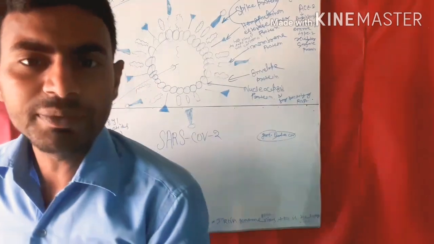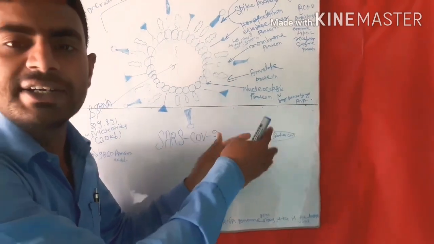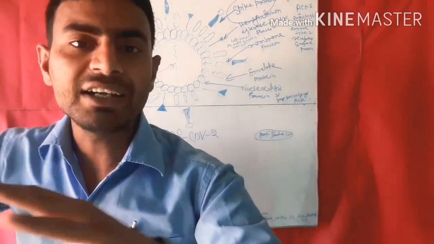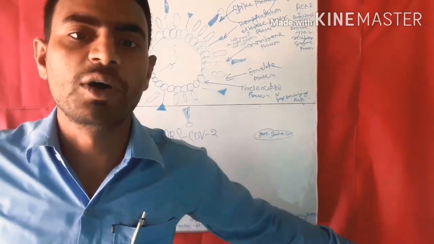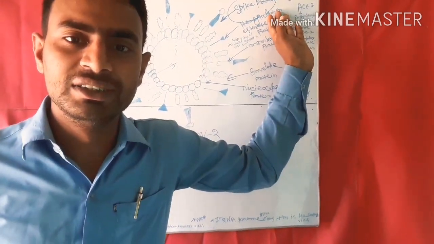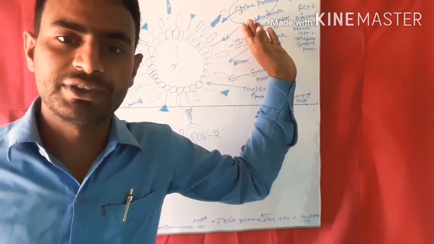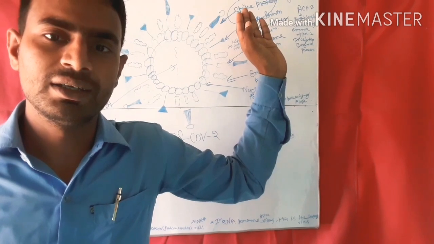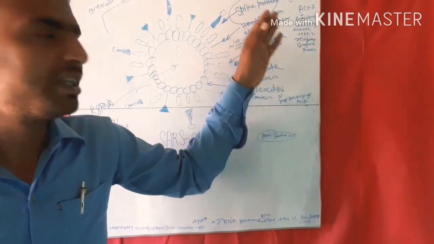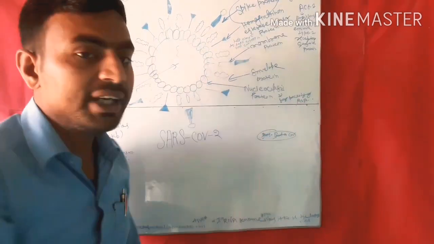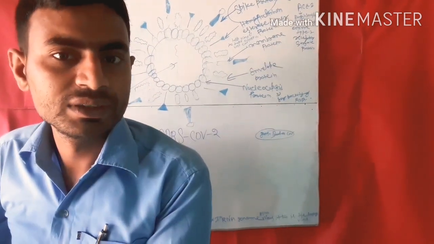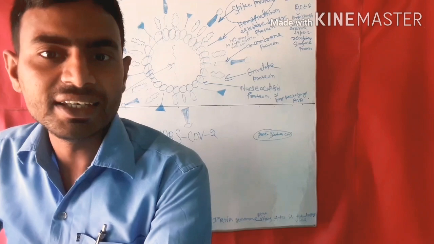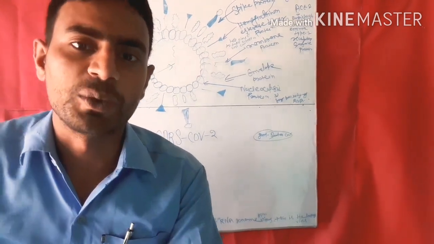In a system where this ACE type 2 surface protein is not present, that system will not be affected by this COVID-19 virus. Because the spike protein attaches to the ACE surface protein.